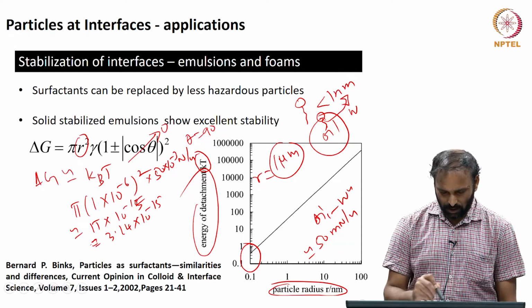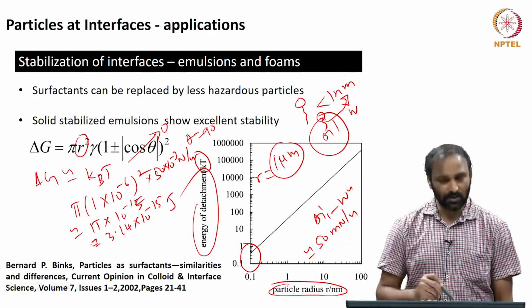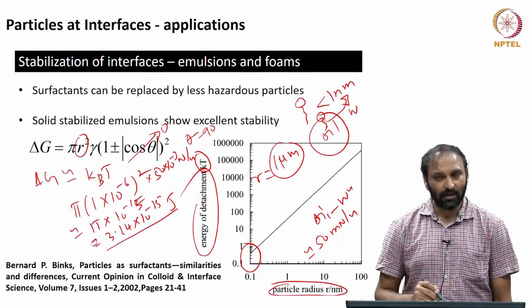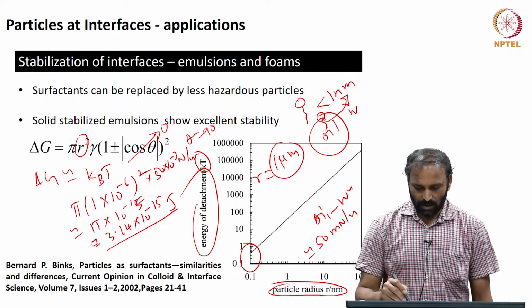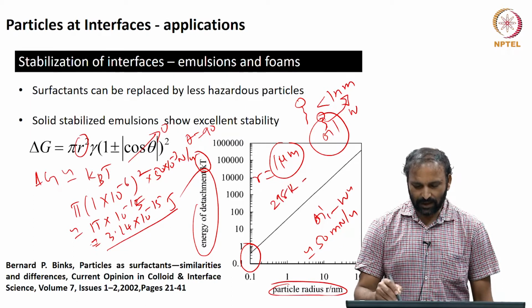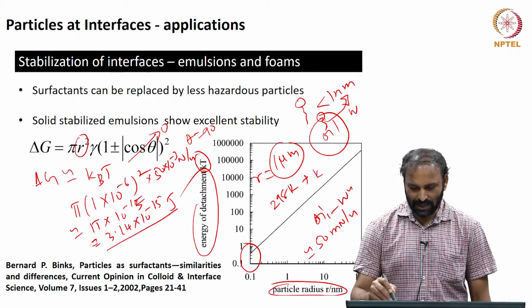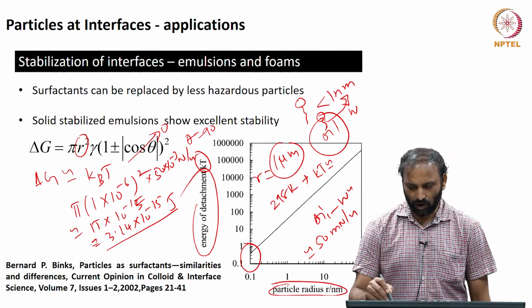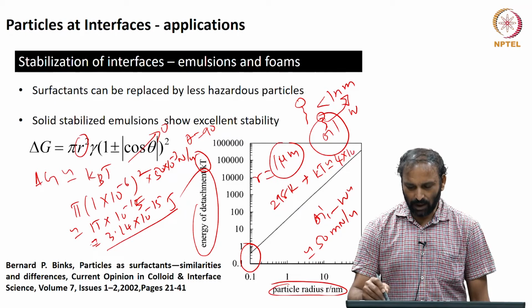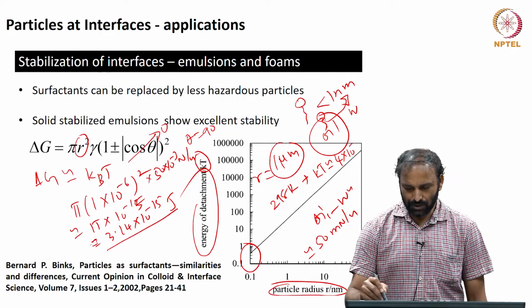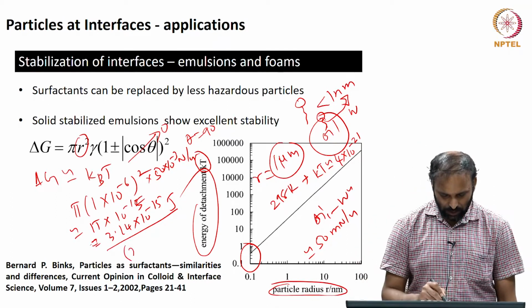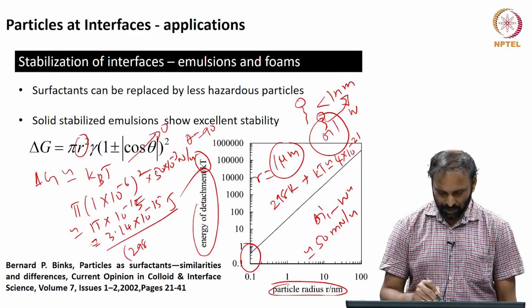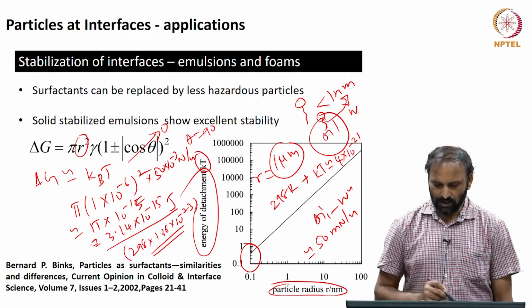That is going to be in joules. Now, divide this by the thermal energy at, for example, 298 Kelvin. It turns out that thermal energy kT at 298 Kelvin is of the order of 4 into 10 power minus 21. That is, the temperature 298 multiplied by 1.38 into 10 power minus 23, so that is kBT.